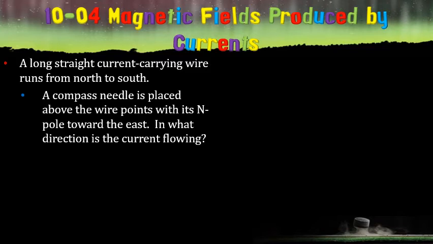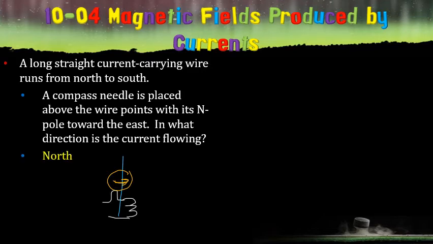Let's try an example. A long straight current carrying wire runs from north to south. A compass needle is placed above the wire and it points with its north pole towards the east. What direction is the current flowing? There's my wire. My compass is on top of it with its needle pointing towards the east.